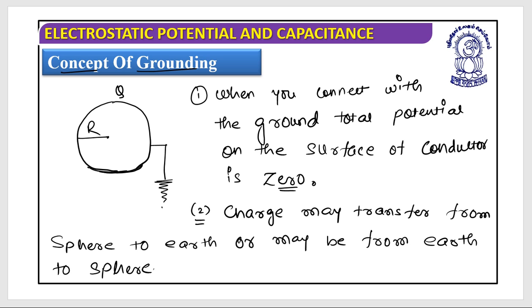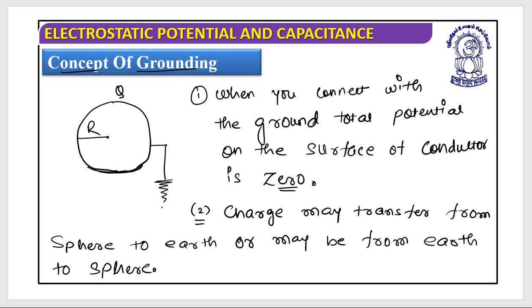So we are not sure what happens with the charge. There are situations where charge will be transferred from the surface to the earth, and there may be possibilities that charges are transferred in reverse, from the earth to the sphere. So we cannot say anything confirmly about the charges when our spheres are connected with the ground.